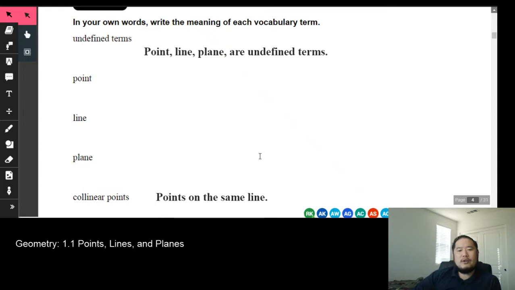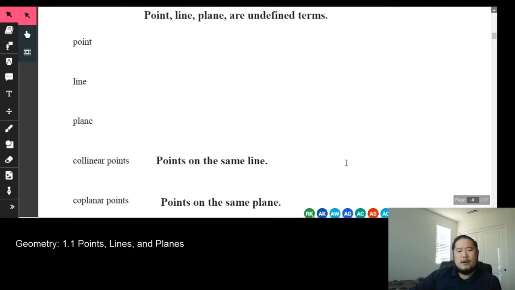Next up, we have collinear points, which are points that are on the same line. They could be 2 points, 3 points, but they are all on the same line. For our next term, we have coplanar points, and these are points that are on the same plane.